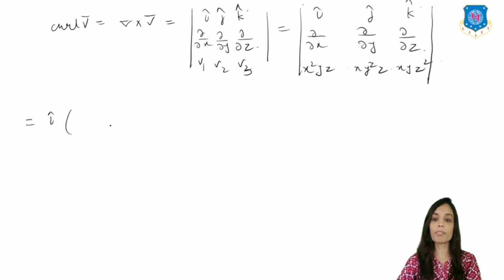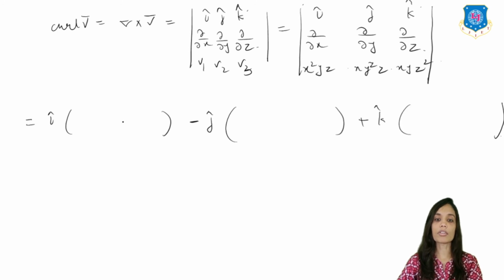So i cap and bracket, minus j cap, you have to solve and put it over here, plus k cap and the answer. So if I solve from here, it will be del by del y of xyz square minus del by del z of xy square z.